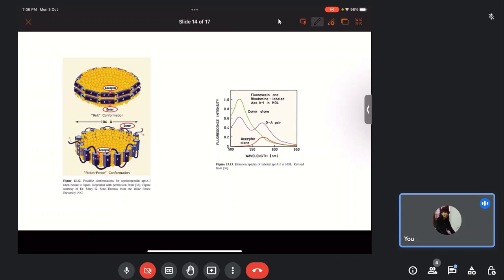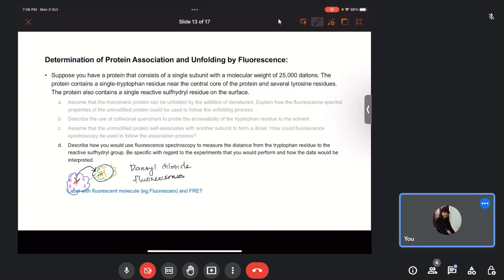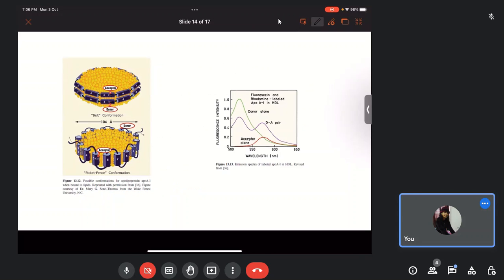You can see that when the donor and the acceptor are close, the fluorescence intensity goes down, and when they are far apart, the decrease in fluorescence intensity is not as much as when they were close. So you have to label the protein with a fluorescent molecule and perform FRET to find the distance between the sites.